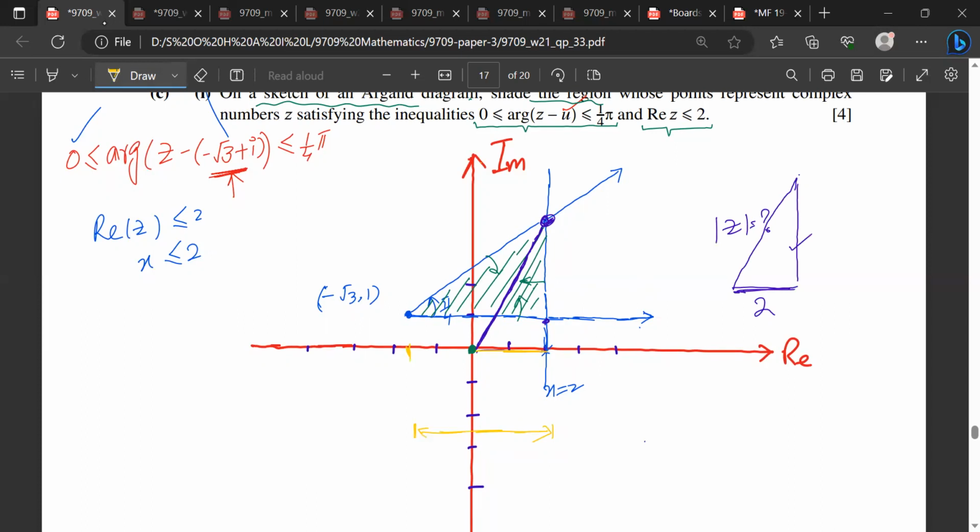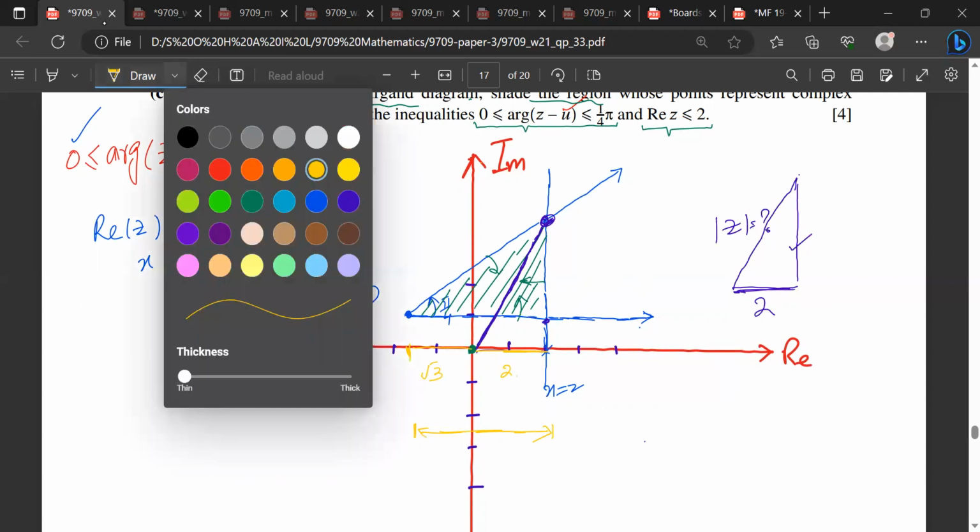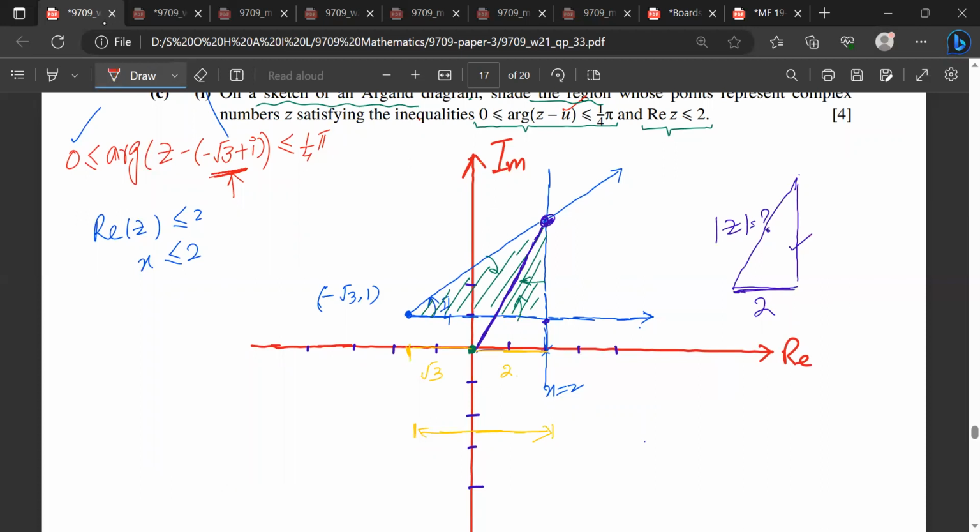So 2, and on this side it is root 3. This is 2 on that side. So the total length from this end to this end is obviously 2 plus root 3. So this length is 2 plus root 3.